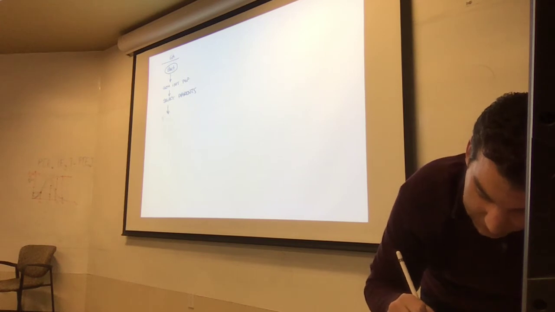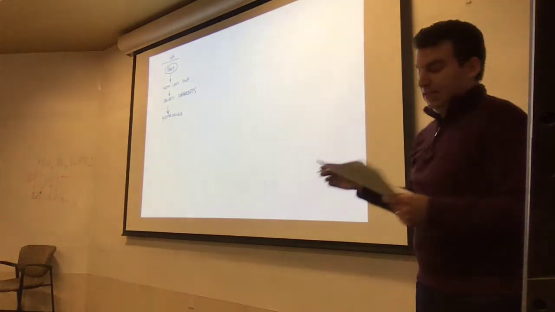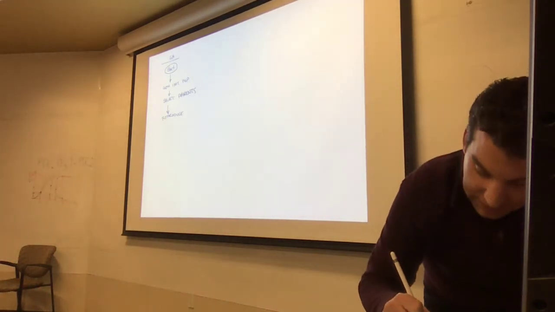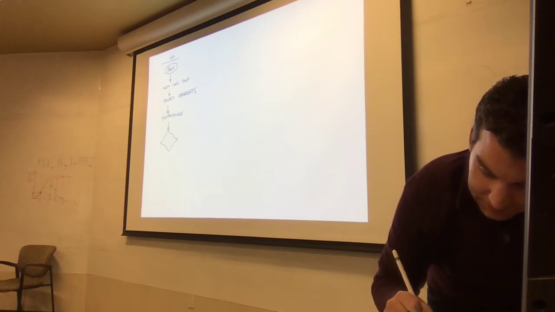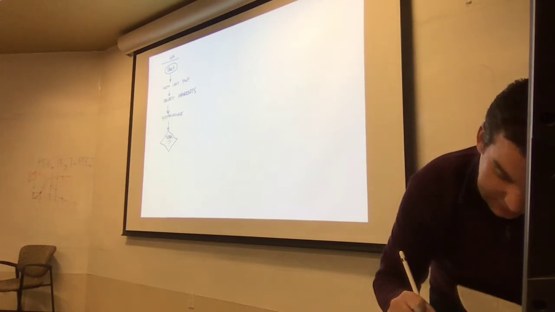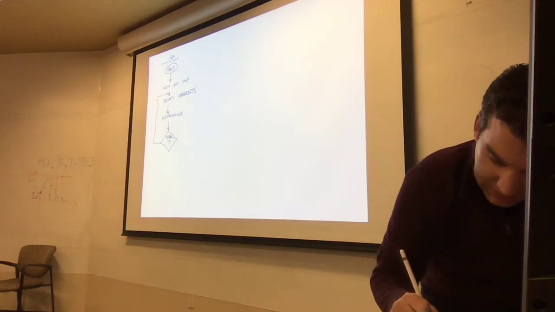You then reproduce, only the parents reproduce. We'll go into detail on each one of these steps. Then you ask, did I hit my termination criteria? And if not, you go back up and do the selection again.